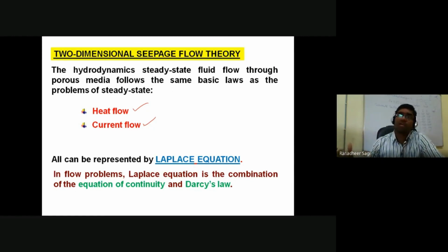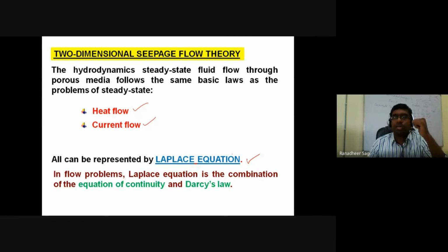The way we deal with heat transfer problems or current flow problems, in a similar way our hydraulic flow problems are also going to be addressed based on what is called the Laplace equation. Basically, heat flow or current flow is what we learn from an electrical engineering course, or from a thermodynamics course.